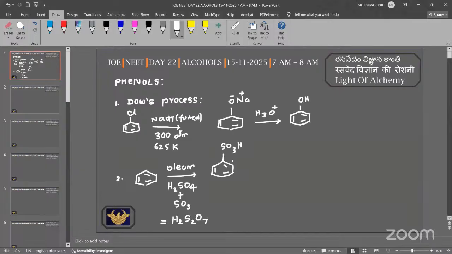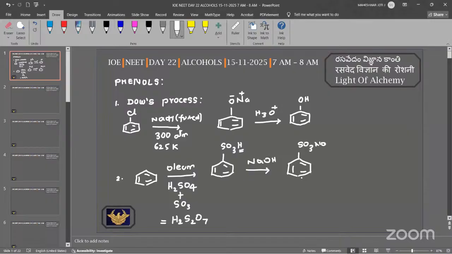Benzene sulfonic acid treated with sodium hydroxide: this acidic proton is replaced by the Na plus. It gives sodium benzene sulfonate, SO3Na.